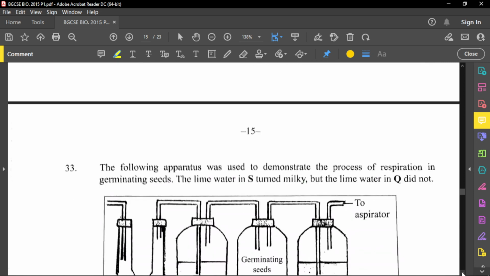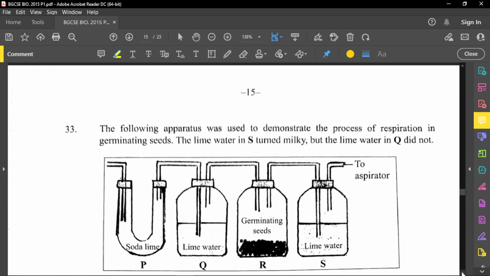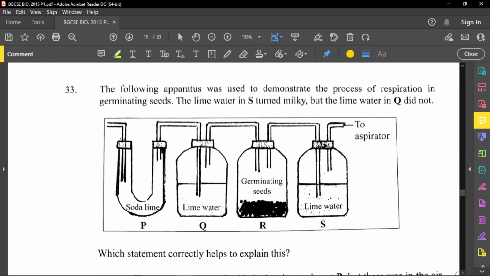Question 33 says the following apparatus was used to demonstrate the process of respiration in germinating seeds. The lime water in S turned milky, but the lime water in Q did not, so it remained the same. Here we have soda lime. I'm going to point out a few things.